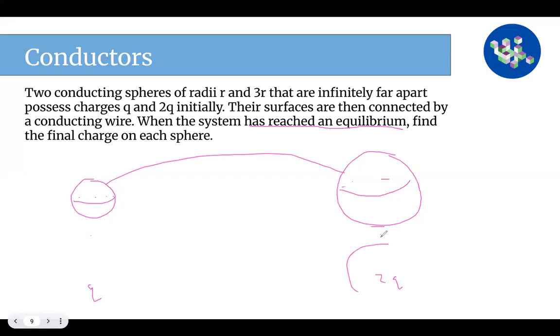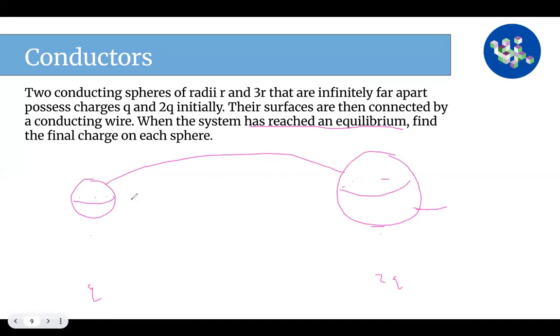if this sphere over here had a higher potential than the sphere over here, well, you can think of it like gravity, right? If I'm on a hill, I have higher potential. So if I have a bunch of charges on a hill, they're going to roll down the hill.